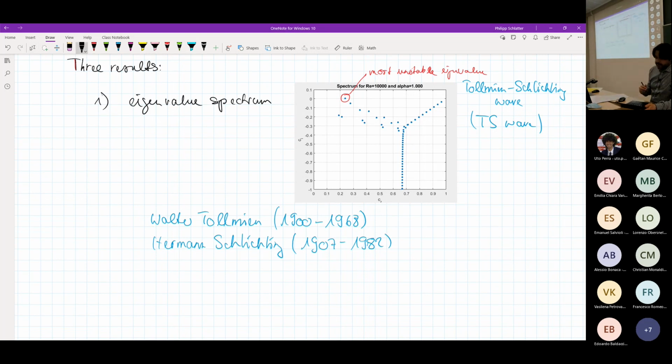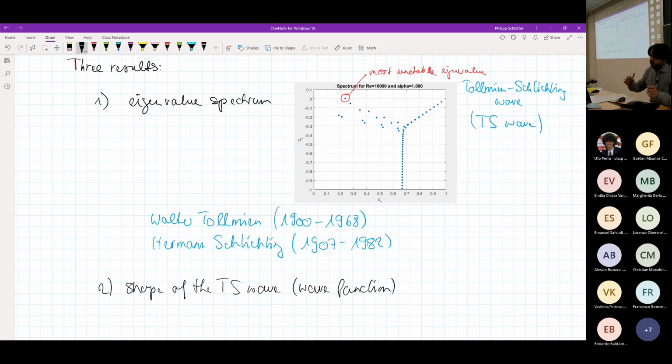Yeah, so this is kind of the first result that you get. The second result is the shape of the TS wave, which is also sometimes called the wave function, because it gives you the functional shape of the actual wave.